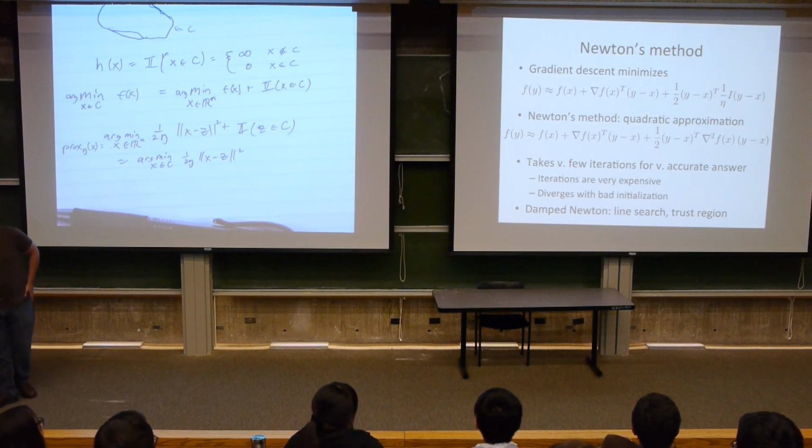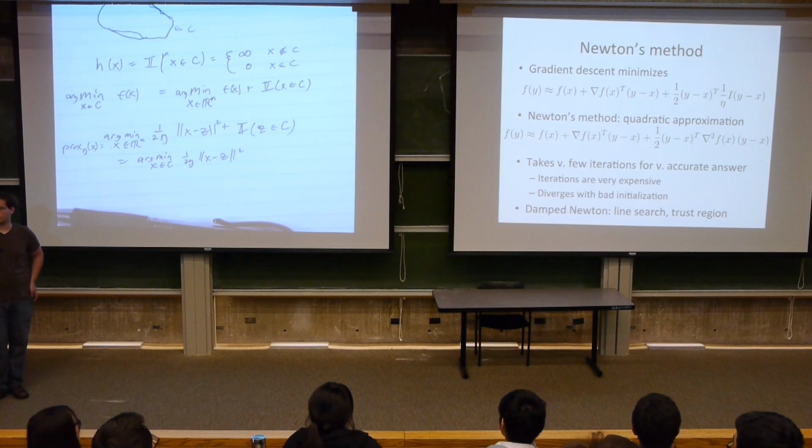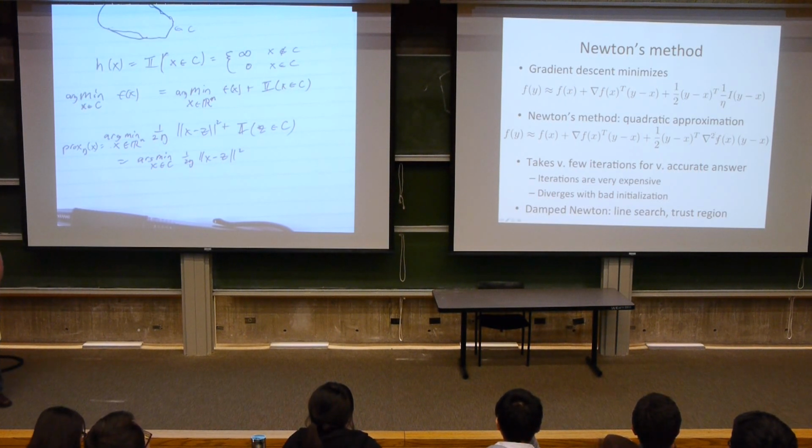The problem is those iterations cost a lot more than the first order method iterations, because computing the Hessian, if you can do it in closed form, it's not too bad, but in high dimensions, the matrix itself will be pretty big.